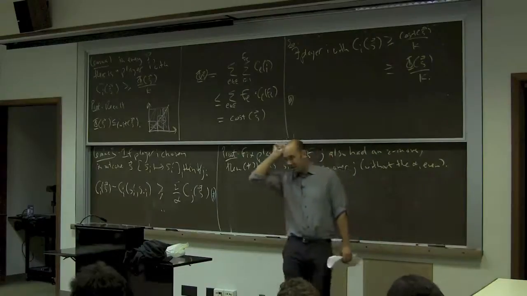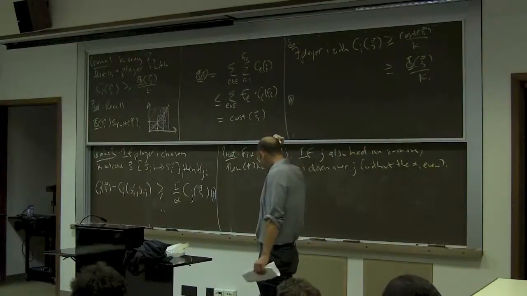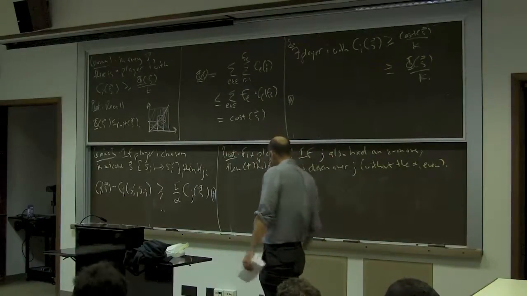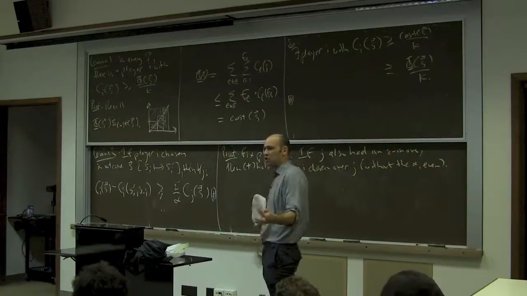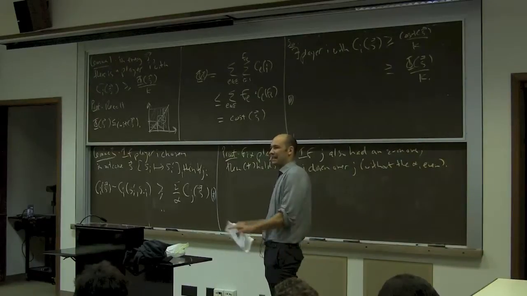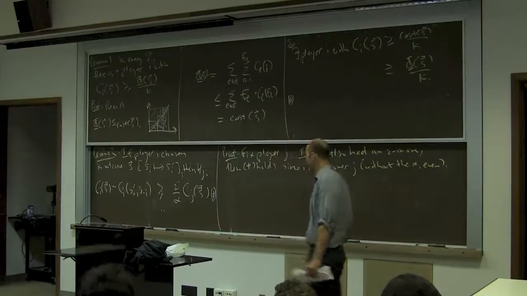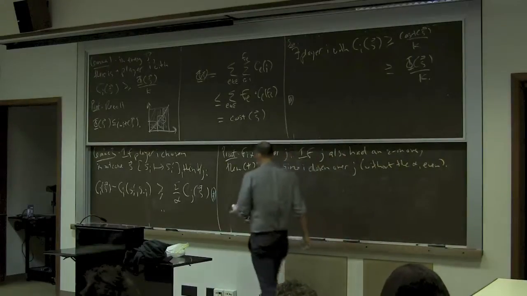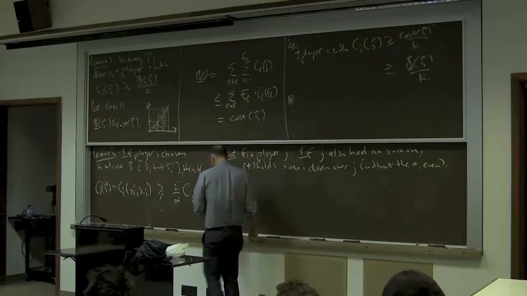So the work is just, what if it turned out that J had high cost and sort of no means by which to decrease it a lot? And therefore it wasn't eligible when we were picking our player to make an epsilon move. So this is where we use the key hypotheses in the theorem.